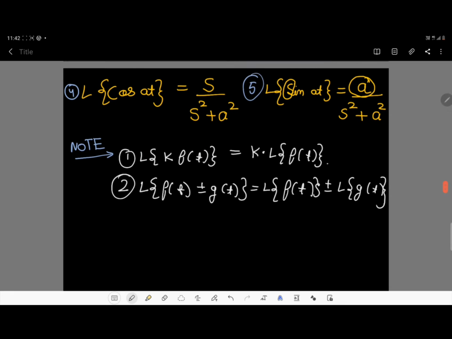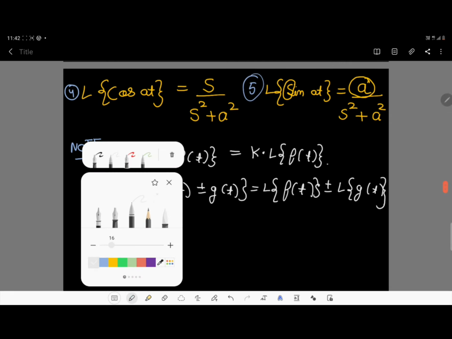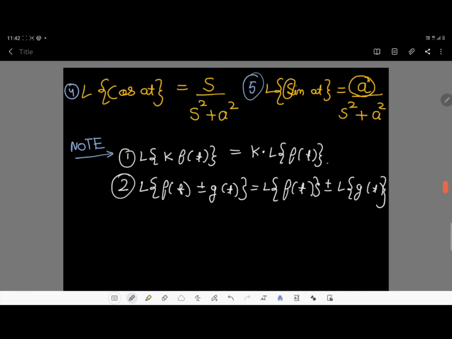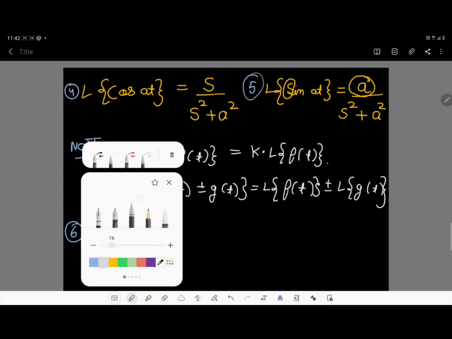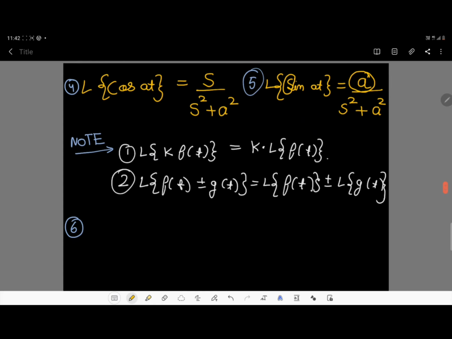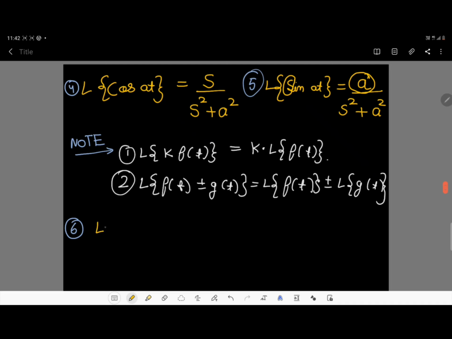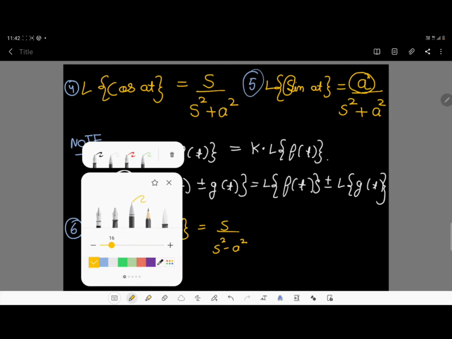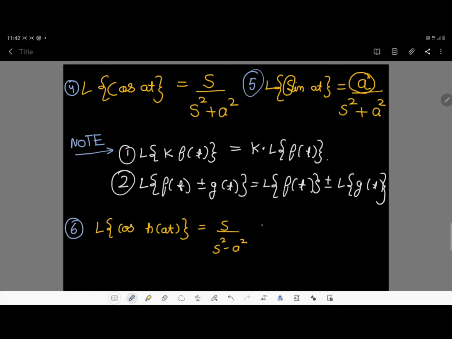Now I will proceed with these formulas only. Sixth formula, it's for hyperbolic. So the Laplace transform of cos hyperbolic at is equal to s upon s square minus a square, right? Next comes the seventh formula, which is for hyperbolic sine.